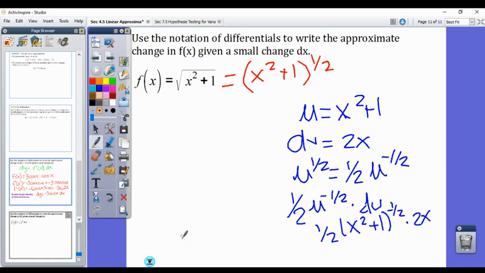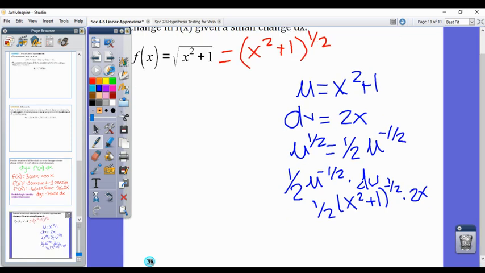Okay, so I'm going to rewrite that. So we would end up with 2x in the numerator over 2 times x squared plus 1 to the 1/2 in the denominator. And the 2's would essentially cancel out in the front there. And you could also write this as the square root in the denominator as well.